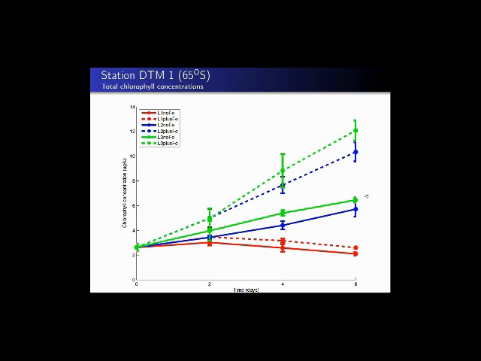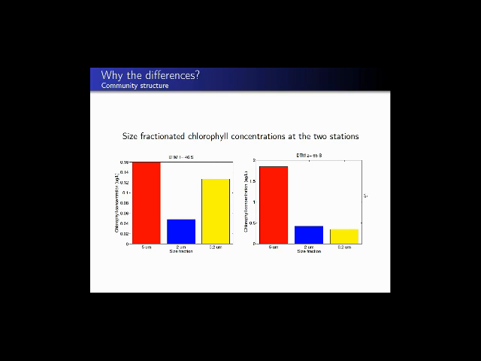The main question here is, why are those results so different? The reason for this is the community structure. What this means is what phytoplankton were actually living at those two different stations. As I first mentioned, phytoplankton exist in a variety of shapes and sizes.